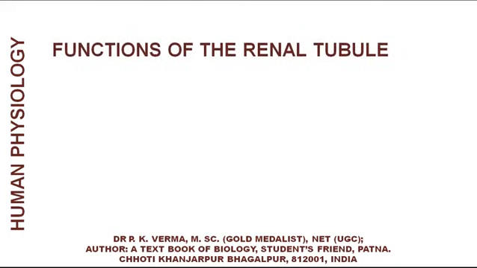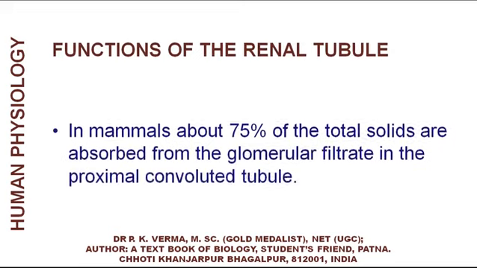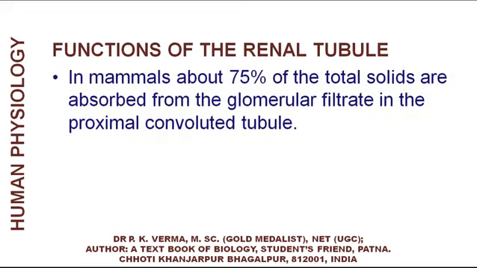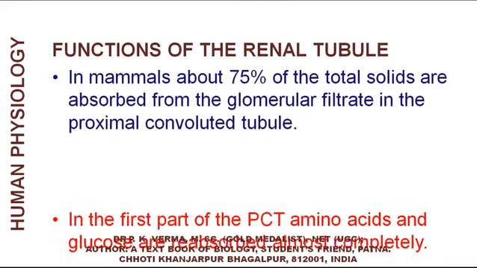Now let us study the function of the renal tubule. In mammals, about 75% of total solids are absorbed from the glomerular filtrate in the proximal convoluted tubule.